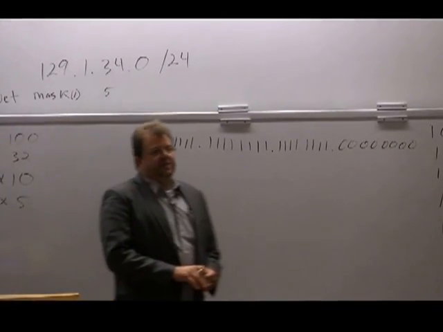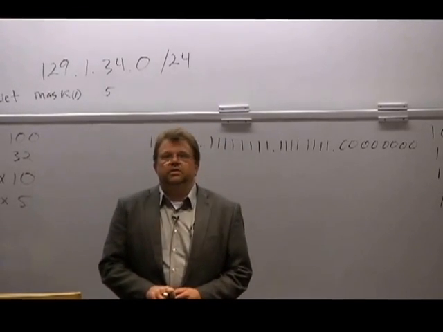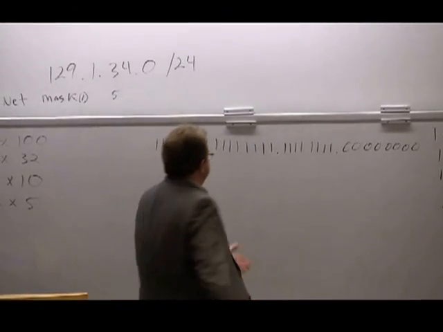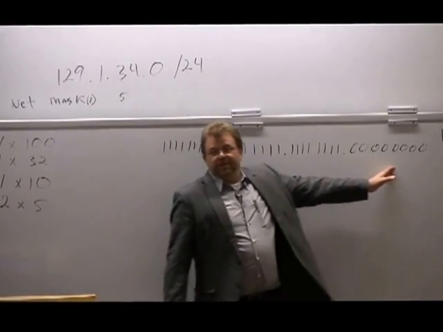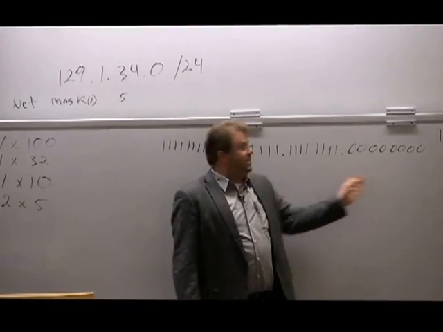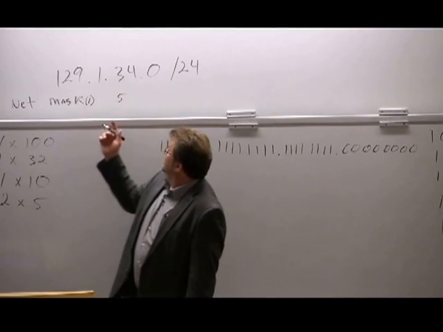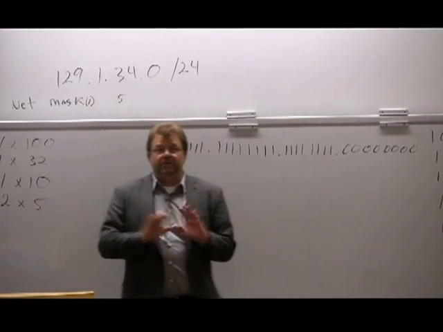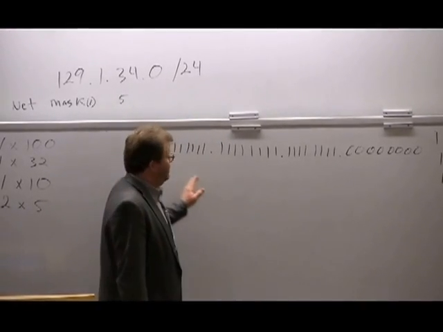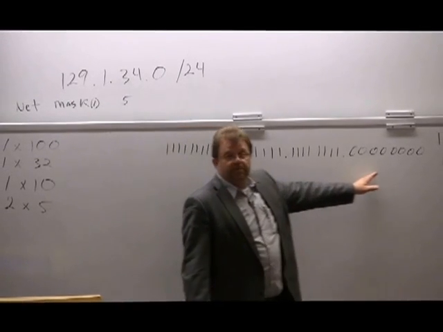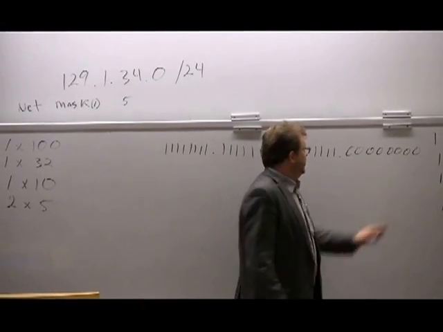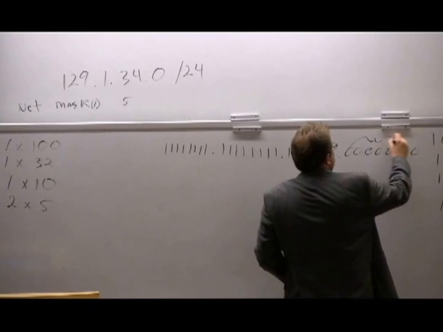What's our octet of interest? The 4th. Because it's the only place we have to play, right? And these first 3 octets, the ISP gave us 129.1.34 set in stone. I can't mess with those. So the only place left is the 4th octet. So this is the one we're worried about.